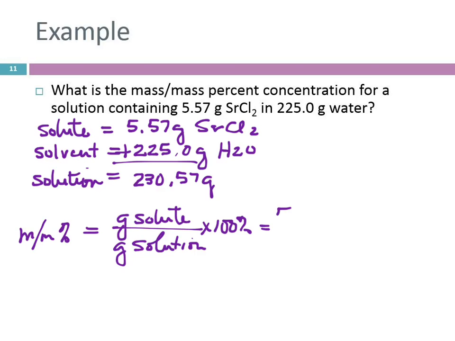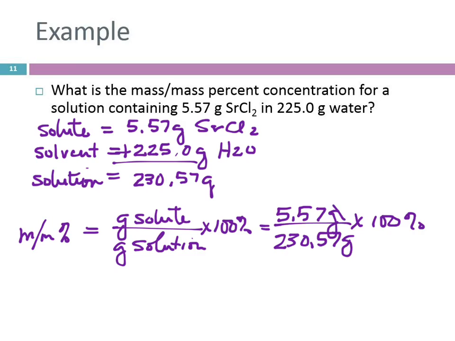So I've got 5.57 grams divided by 230.57 grams times 100%. The grams cancel out. 5.57 divided by 230.57 times 100. That'll have three significant figures, 2.42%.